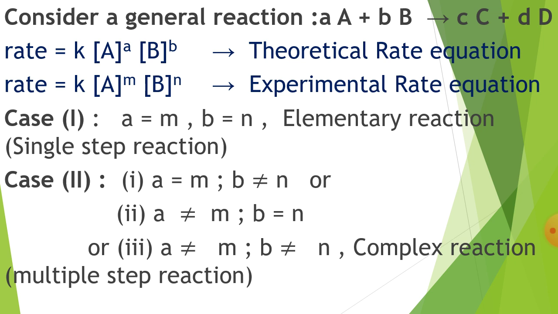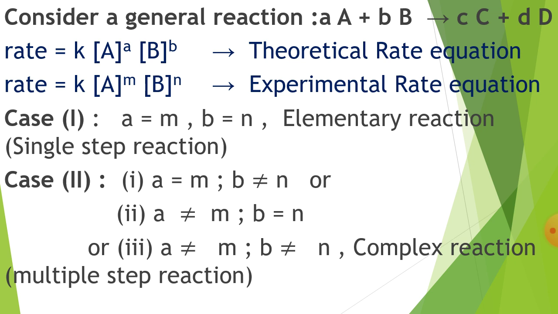In case 2, if a = m but b is not equal to n, or a is not equal to m and b = n, or a is not equal to m and b is also not equal to n, in this condition the reaction is known as a complex reaction, that is a multi-step reaction. In these multi-step reactions, you have to find the slowest step, which will determine the rate of reaction.